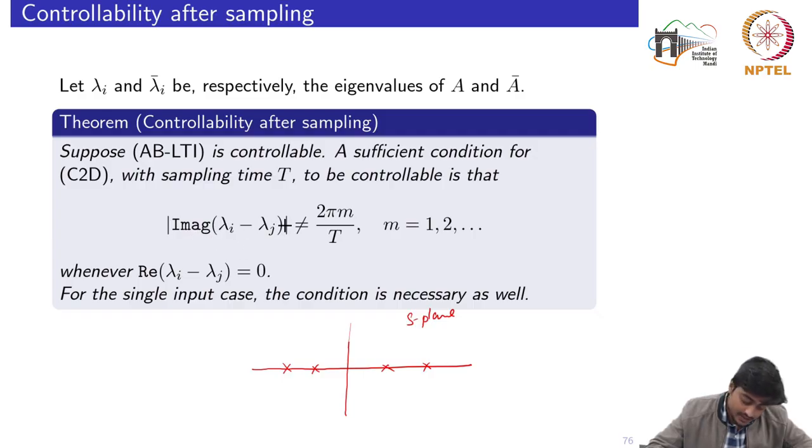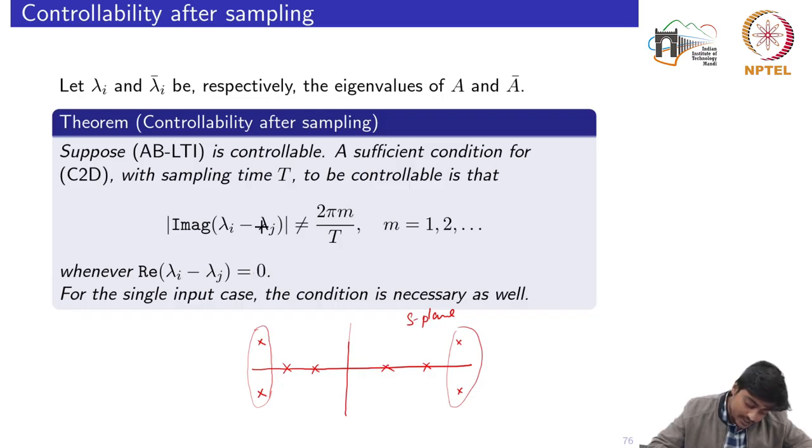Okay, now this imaginary condition is for those eigenvalues which have a complex conjugate. Let's say I have one eigenvalue here and another eigenvalue here, right? Only in this case we could have the real part of the difference of two eigenvalues equal to 0, right?